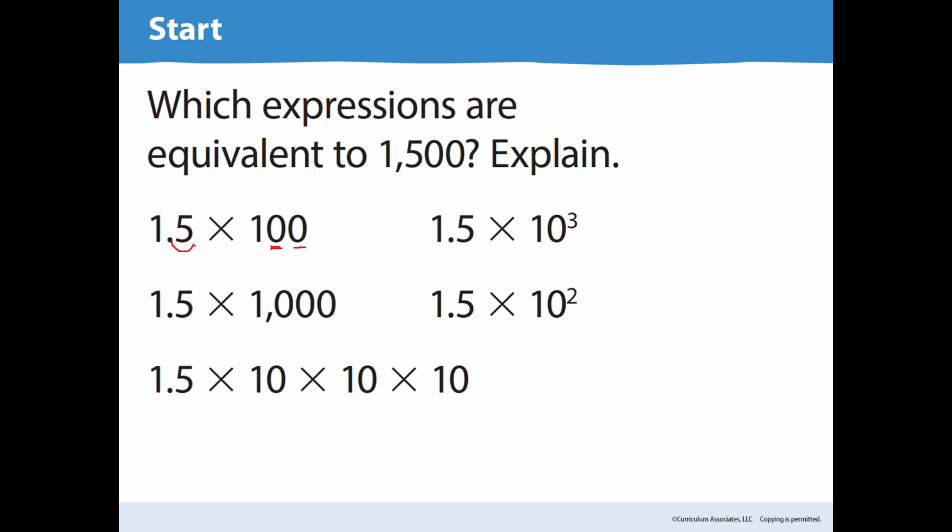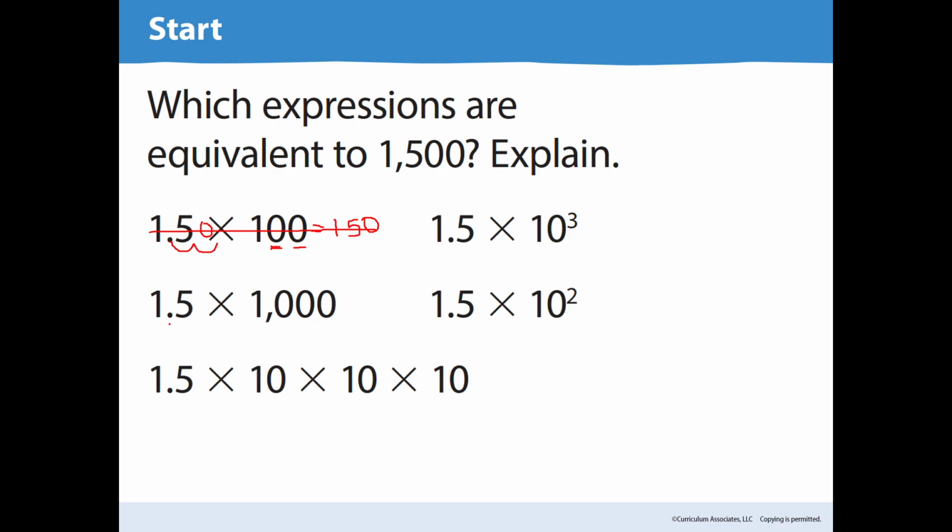So there's 1, there's 2, and if I add a 0 there, then what I'm going to end up with is 150. That is not equivalent to 1,500, so we're going to cross that one out.